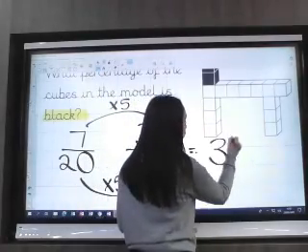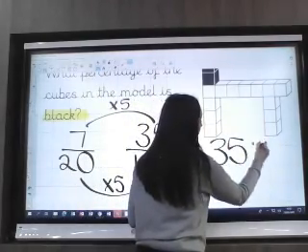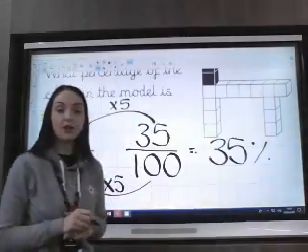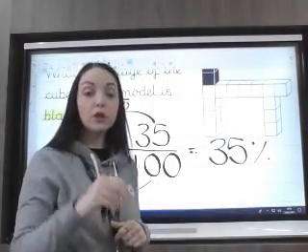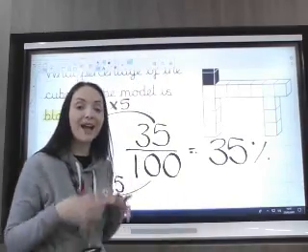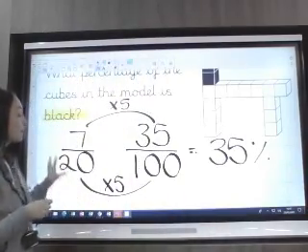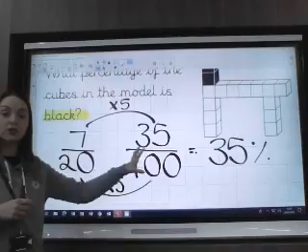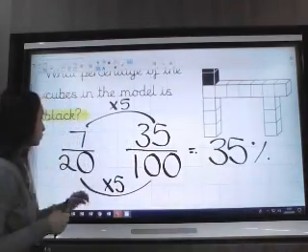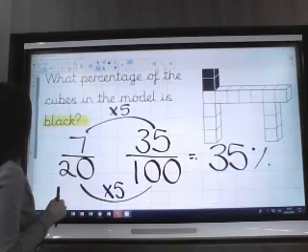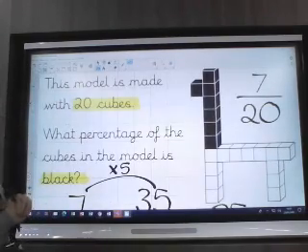Remember, if it's over 100, then it's finished. And it's 35%. And that would be your answer. So today in some of your questions, you are going to have to do something similar to this, where you're going to have to change it so that it's over 100 and then multiply the top by the same amount. Let's have a look at another question.